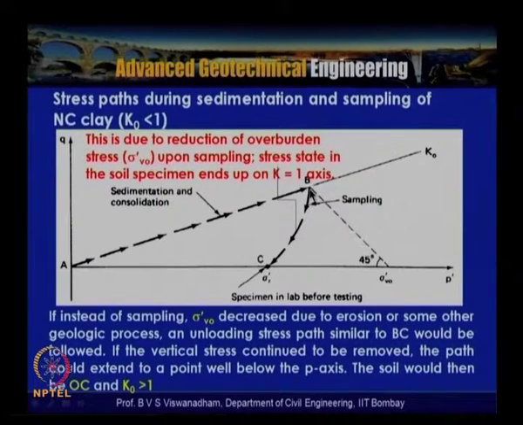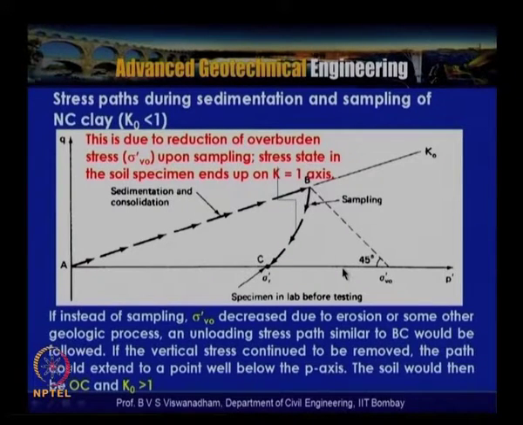Initially we are along the K naught condition, then we collect the sample, and the overburden stress gets relieved. Because of that, the path traverses like this, and it hits the p dash axis, that is the K equal to 1 axis, which we have discussed.